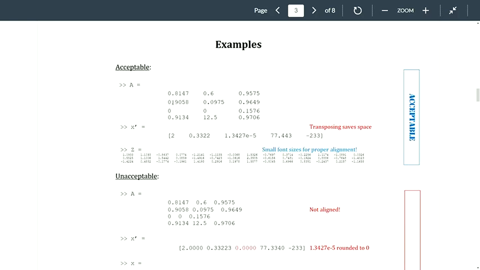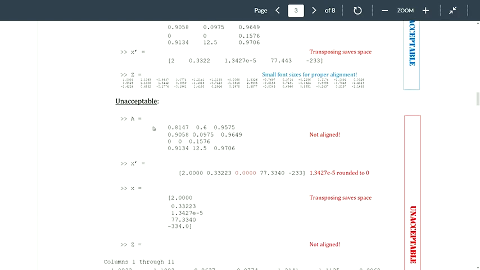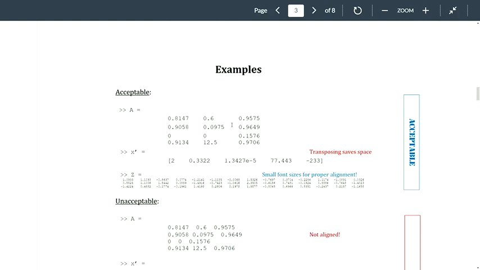It's readable, right? This is not acceptable, MATLAB. So when you copy paste, make sure you align it like this.